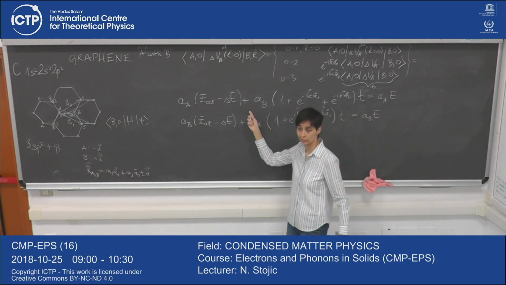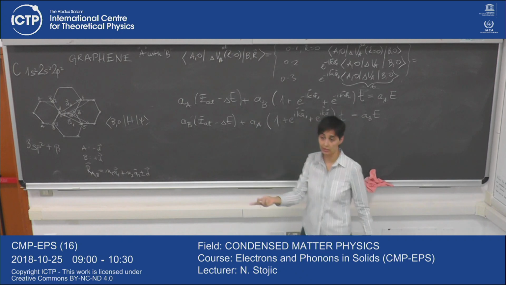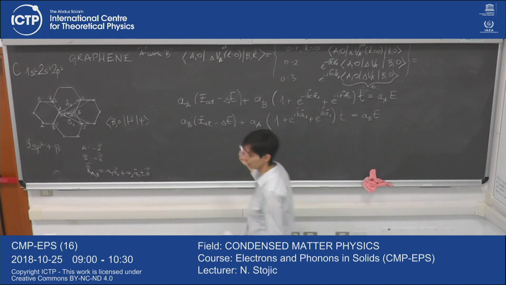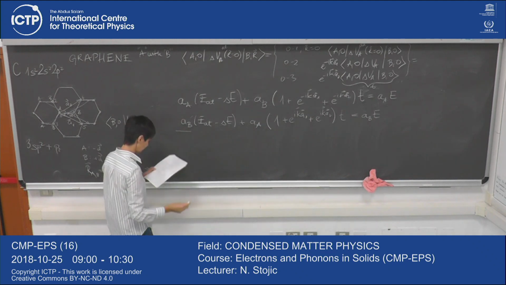We want to find these coefficients. We have two equations with two coefficients, not difficult. And then we can find also the eigenstates.